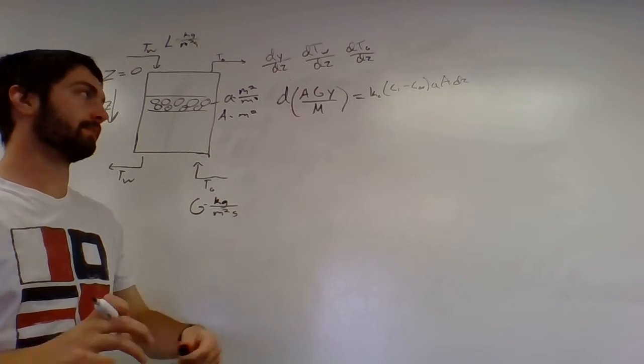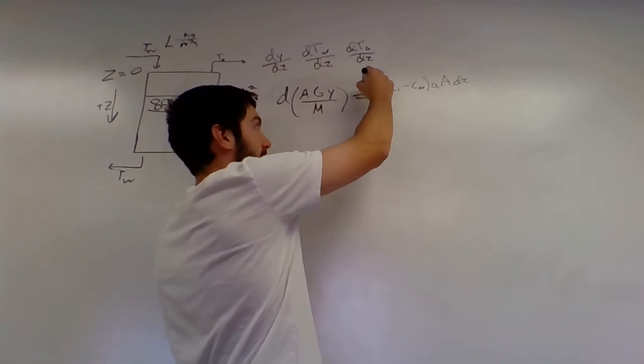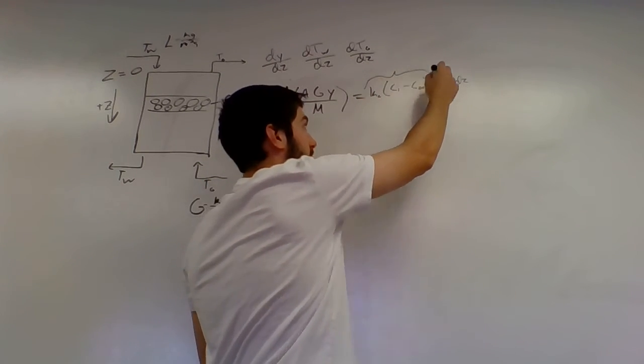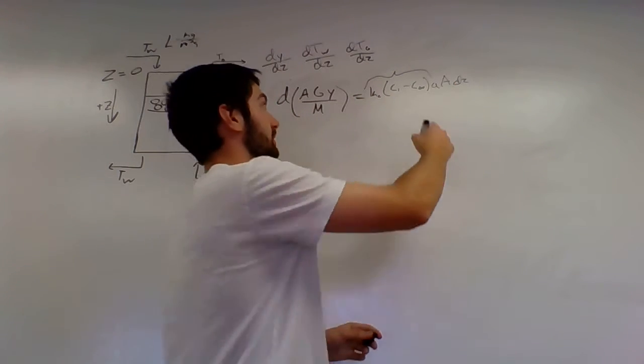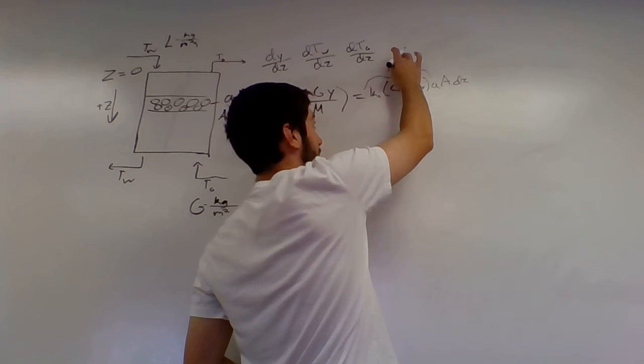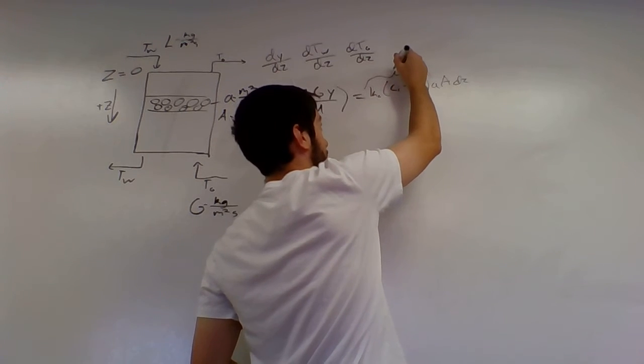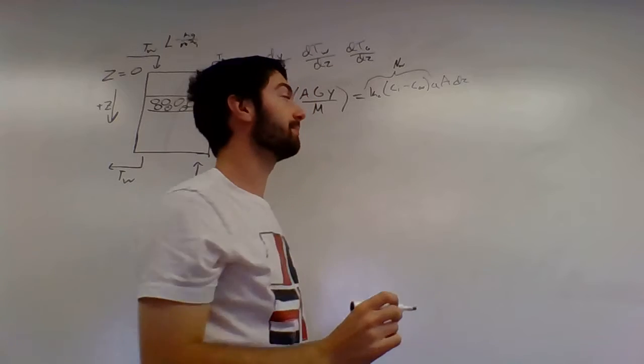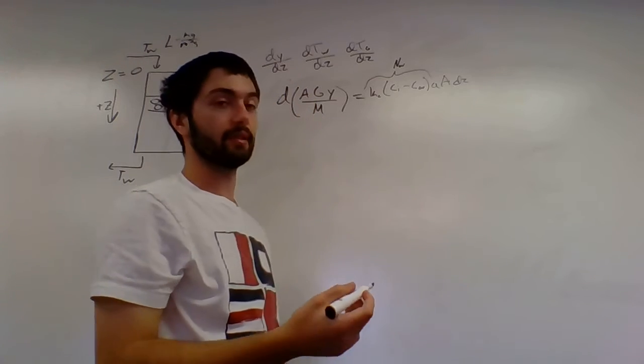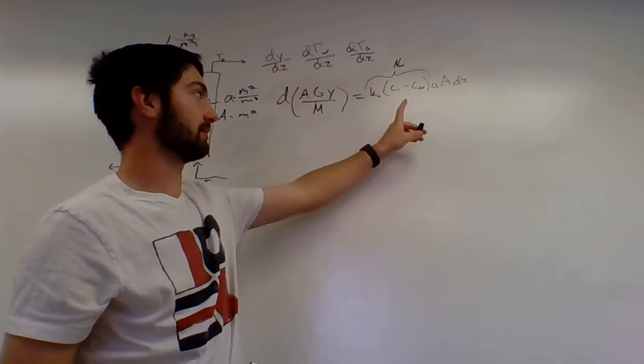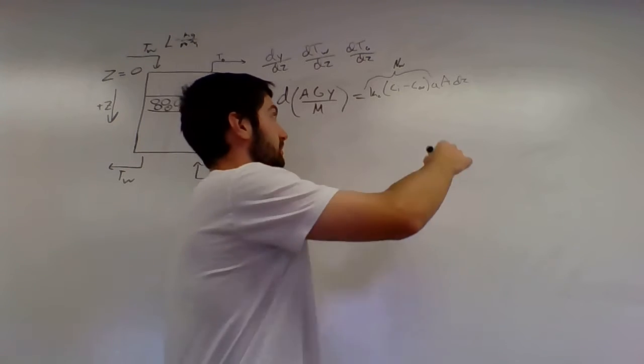So now we're going to be seeing this term a lot here, so I want to define this as its own thing so I don't have to keep rewriting it, and we're going to define that as the molar flux of water. So, as we have seen before, we can actually define concentrations in terms of partial pressures.